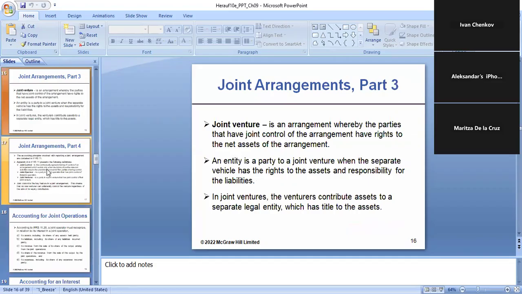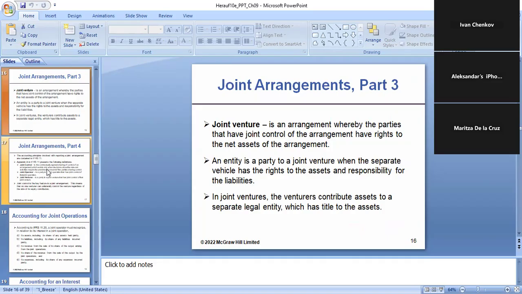Let's see what's the difference between joint operation and joint venture. A joint venture is still an arrangement where the parties that have joint control have rights to the net assets of the arrangement. That's the huge difference between joint operations and joint ventures. In operations, operators remain in control, whereas in a venture, they give the control to the new entity.